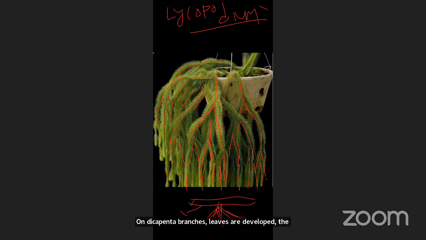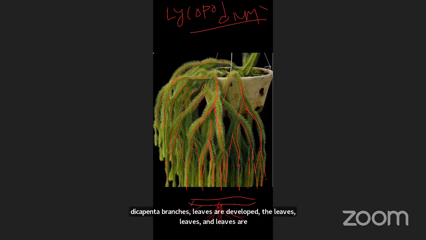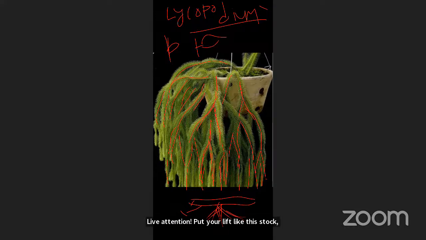Sessile means without stalk. This is the stem axis; the leaf is attached directly to the stem axis, without a petiole. Not stalk and leaf; these leaves are directly observed here like this.